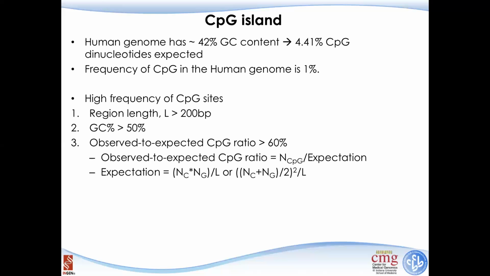It's defined as the number of CpG divided by the expectation. The expectation can be calculated in two ways: one is the frequency of C times the frequency of G, or the other is the average of C plus G, then divided by the length. If the observed to expected ratio is larger than 60%, and the GC content is larger than 50%, and the region is big enough, we call it a CpG island.